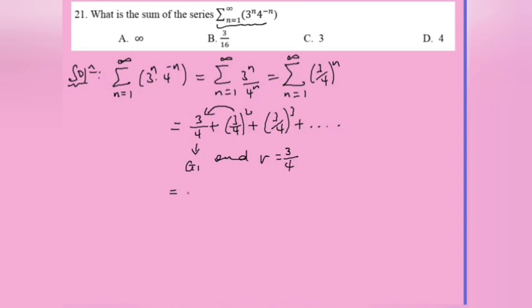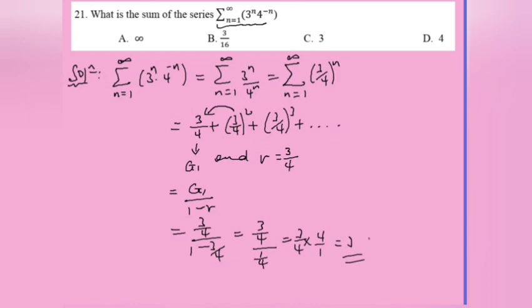Therefore, the sum of this infinite series is g1 over 1 minus r, which is (3 over 4) over (1 minus 3 over 4). This is the same as (3 over 4) over (1 over 4). So this is 3 over 4 times 4 over 1, which is 3. Therefore, the sum of this infinite series is also 3.